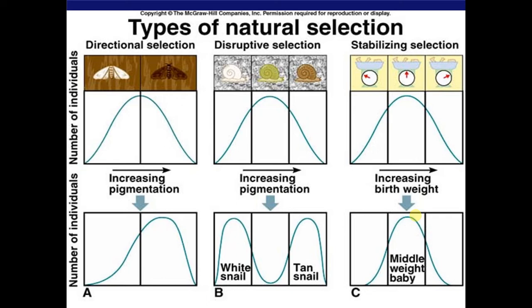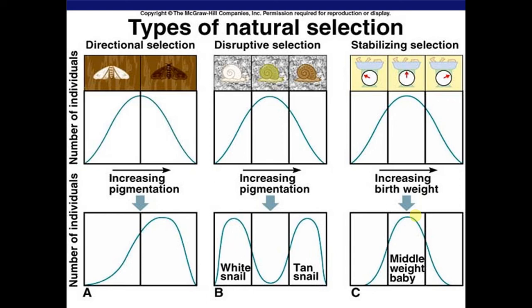We can look at some different ones. For example, on the right for stabilizing selection, birth weight. Birth weight for humans has been influenced by stabilizing selection. Too small of a baby won't be healthy and strong enough to survive, or will have a decreased chance of surviving.